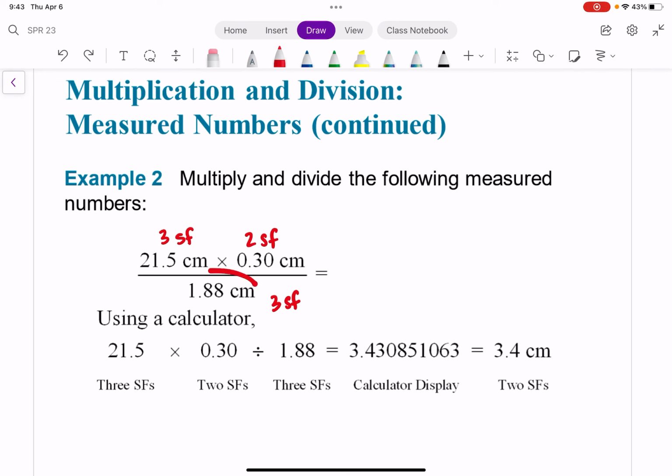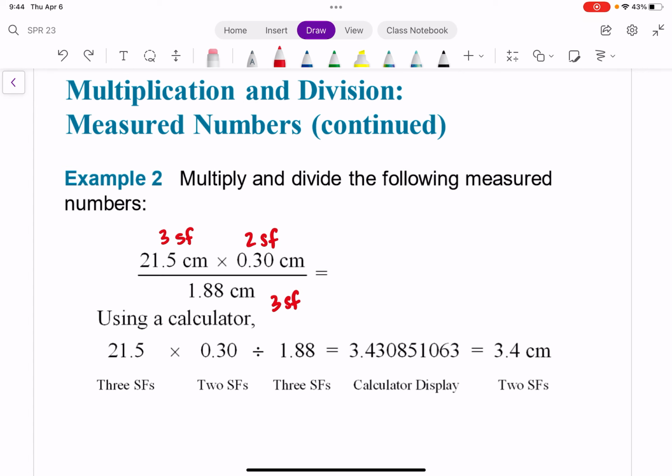If you start rounding these before you've actually carried out the calculation, you're going to start getting a less accurate number, because every time you round numbers, you're getting less and less accurate, right? So carry out the entire calculation first, this number times this number divided by this number, and then round at the very end to 2 sig figs.